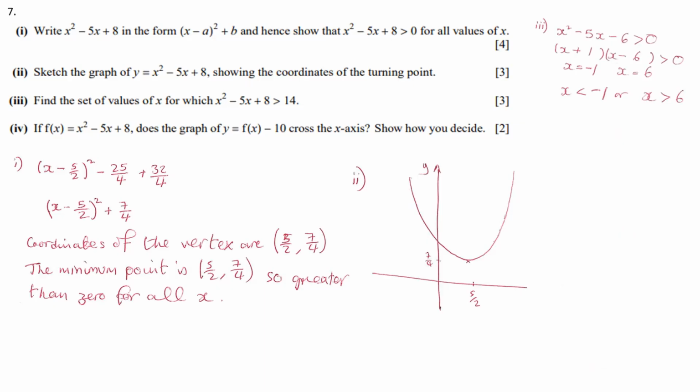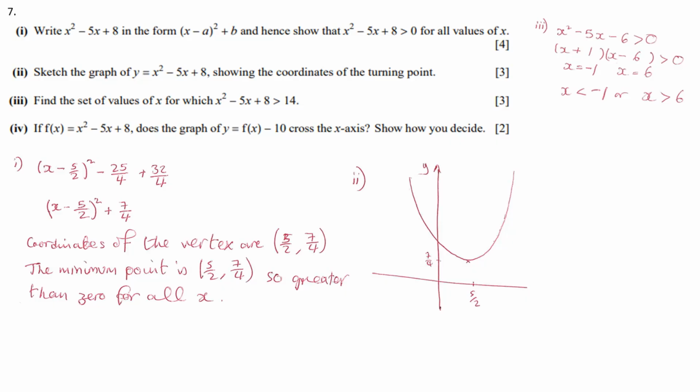So it's a positive x squared curve. So it's going to dip below the x-axis, but it's going to be above it on the left-hand side of -1 and on the right-hand side of 6. So that's an "or", either that or that.